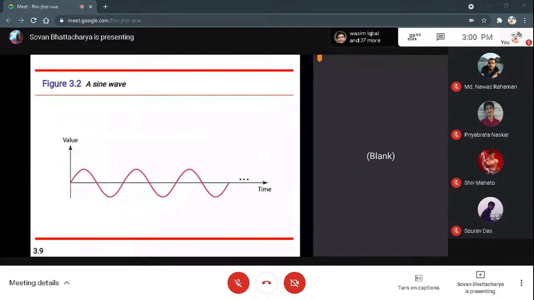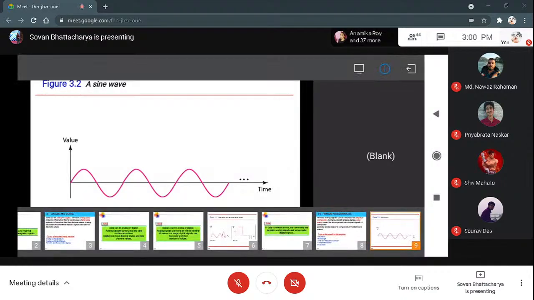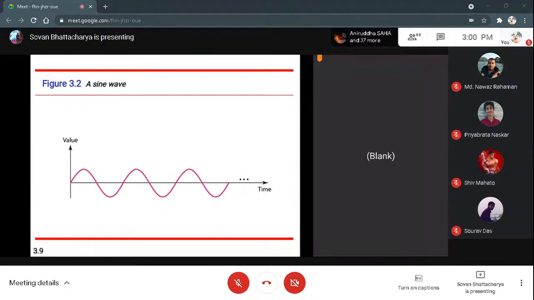Now you see, this is your sine wave. If it is one times 10, then two times 10, you see that it is the same sequence. After one positive, then negative, then again positive, then negative, again positive, and again negative.